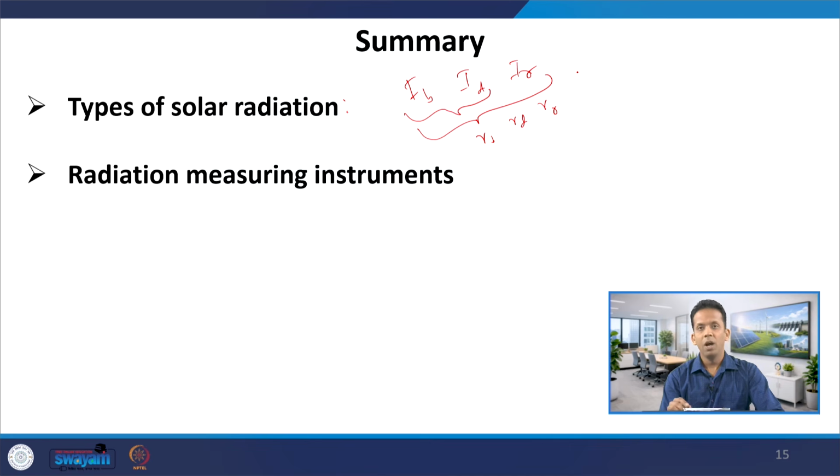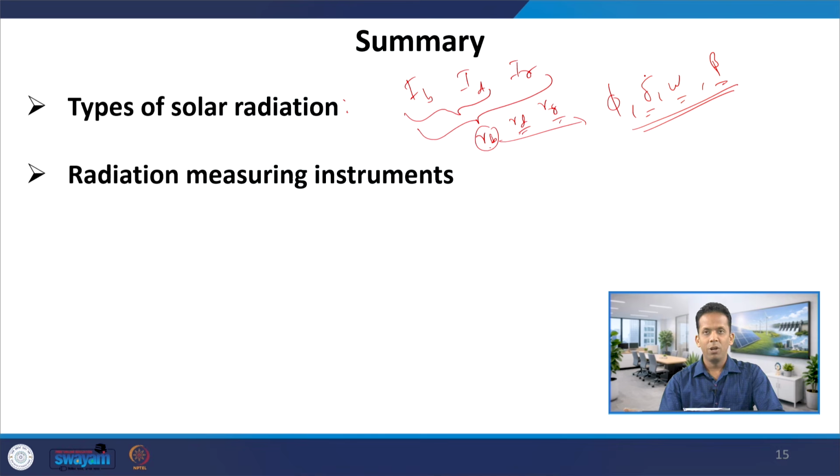And then we saw how we can calculate the total radiation falling on any horizontal or tilted surface. The only thing is, RB depends on 4 parameters: the location, date and time, and the tilt angle. Once we get these 4 values, we can calculate RB, and using the beta value we can calculate RD and RR. From the given solar radiation data, we can find the total radiation on a tilted surface.